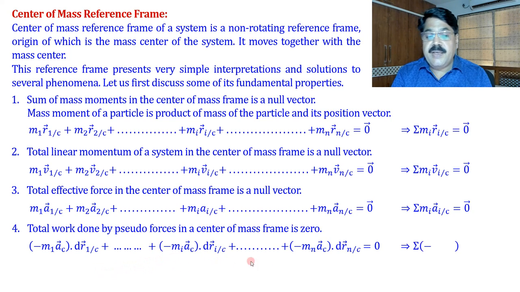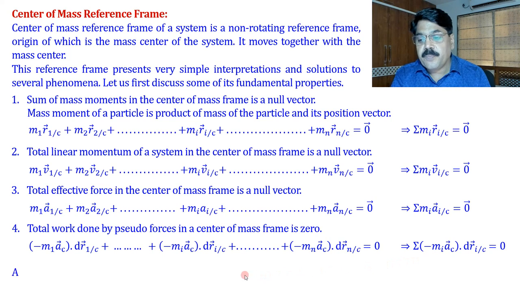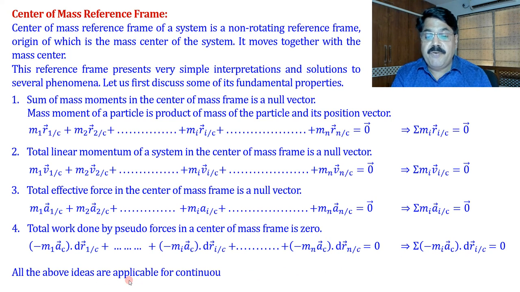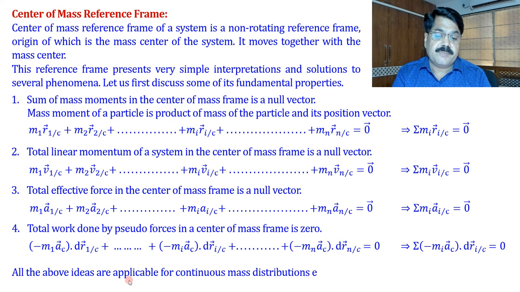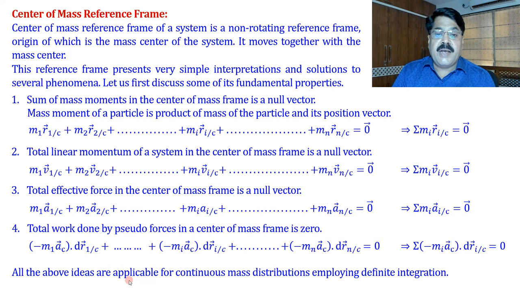So this equation we can write in simpler form: summation minus Mi AC dot dRi with respect to C is 0, meaning total work done by all the pseudo forces in the center of mass frame is 0. All the above properties or ideas are applicable for continuous mass distributions, employing definite integral over the entire mass distribution. Actually, this idea we have written for discrete masses, but it is equally applicable for continuous mass distribution.